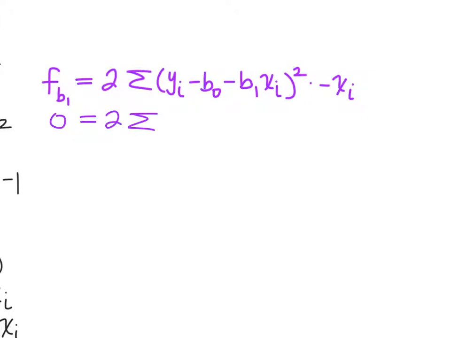I'll write this as negative x sub i multiplied by all that good stuff. So the 2 goes away. Oh, the 2 was gone to begin with. Sorry, I don't even know why I wrote it, because of the whole chain rule and math and stuff.